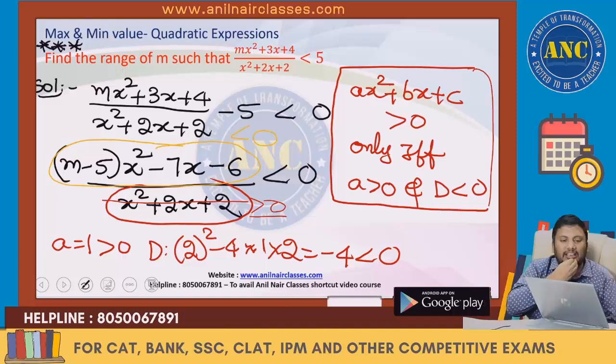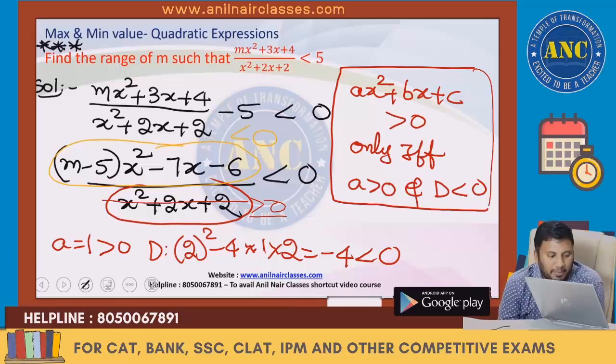I hope it is clear. Till here it is clear. Directly by looking at the expression, m minus 5 into x square minus 7x minus 6 divided by x square plus 2x plus 2, A is 1, D is less than 0. A greater than 0, D less than 0, so the expression will be greater than 0.